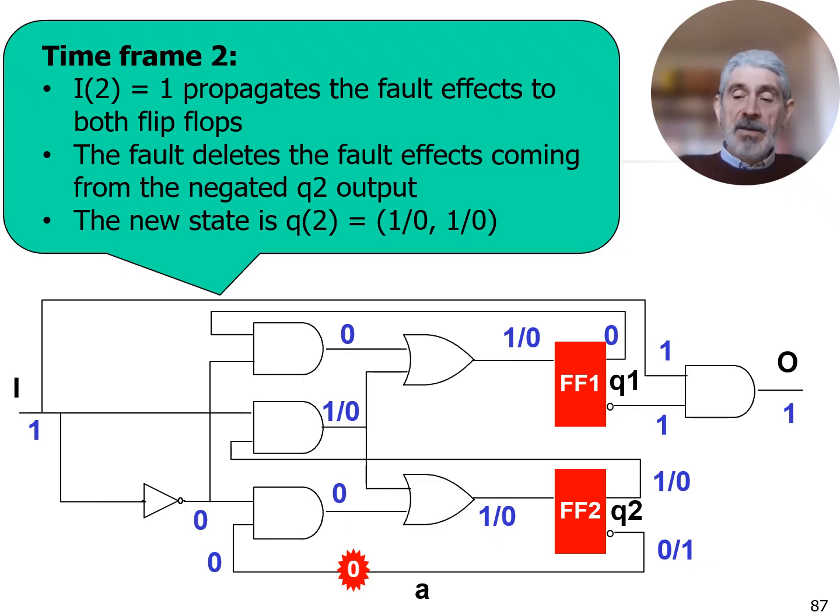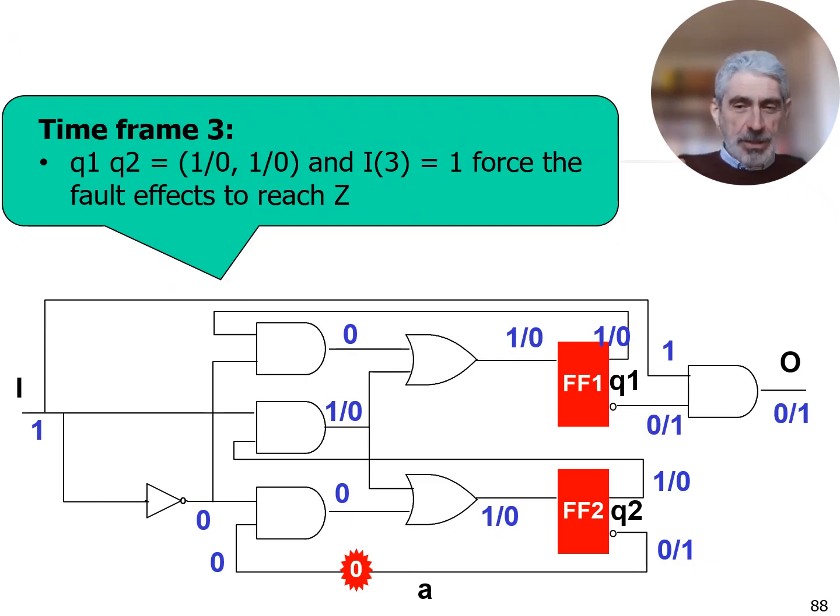Finally, I will activate the clock and a new time frame will start. In this time frame, I will try to propagate the fault, already affecting Q1 and Q1 negated, to the output. This is easy because I can control I to 1 so that the final AND can propagate the fault. In this way, the fault will reach the output and can be made visible.